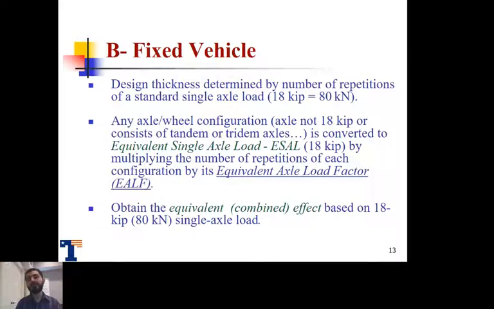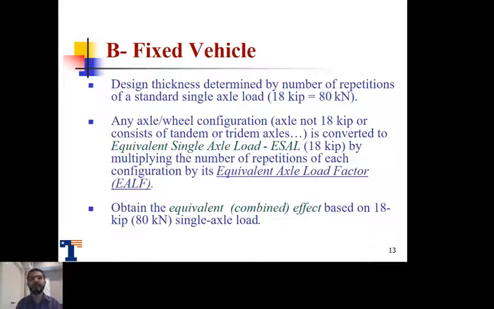So what we do in this method, any axle or wheel configuration that is not 18 kips or consists of tandem or tridem axles, we need to convert it to an equivalent single axle load, which is the ESAL, by multiplying the number of repetitions of each one of these configurations by an equivalent single axle factor.